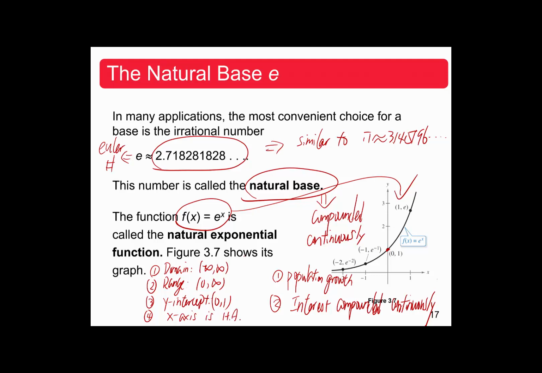And the fifth one, from left to right, it is increasing. Sixth one is continuous, because e is greater than 1, right? When the base is greater than 1, then all of this must be true.